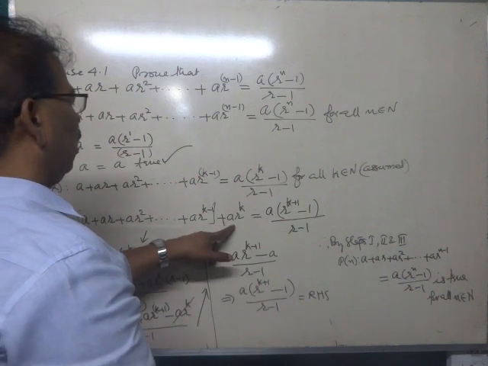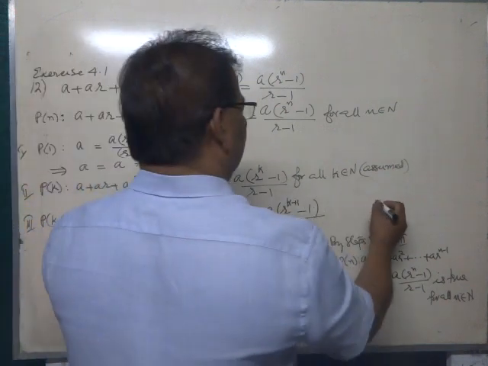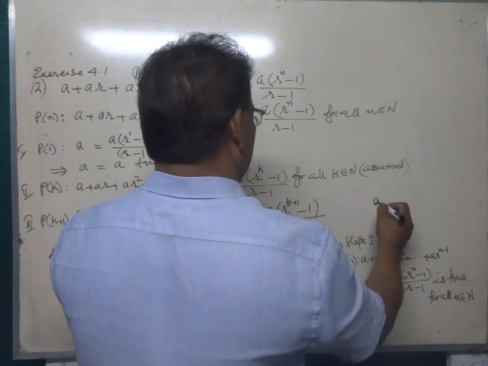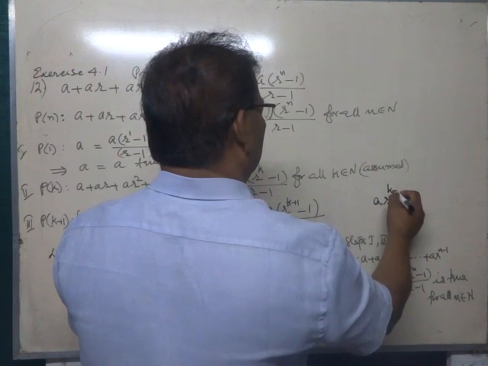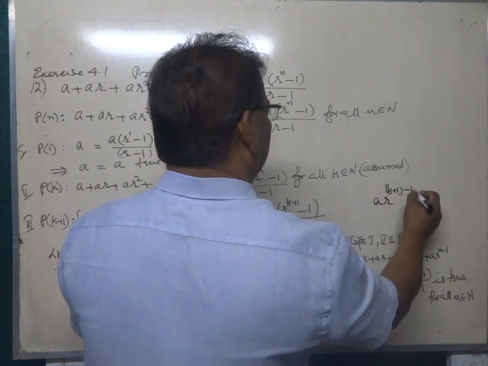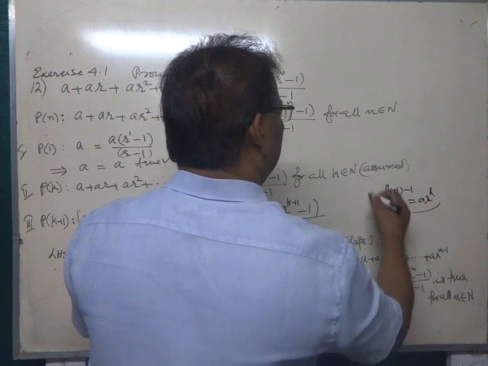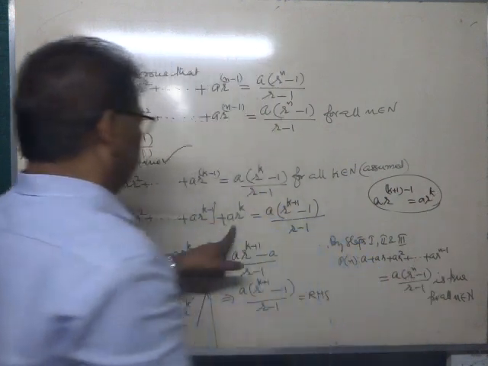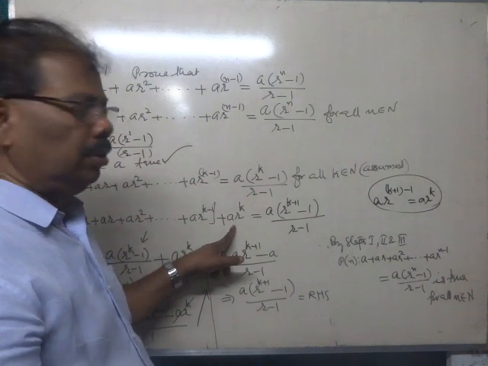Now we are replacing k by k plus 1. A r raised to k is replaced by k plus 1, k plus 1 minus 1. So that will be equal to a r raised to k. Now the last term is a r raised to k.